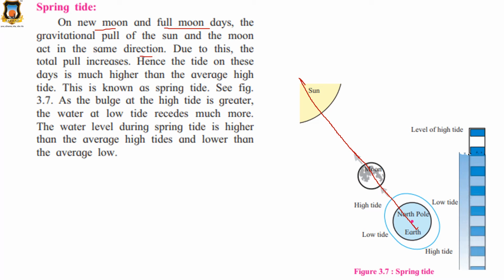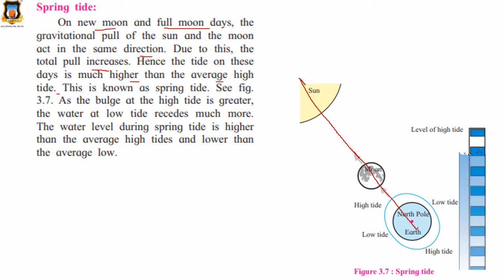Due to this, the total pull increases. Definitely, the sun's gravitational pull and the moon's gravitational pull, so the force is going to be more. Am I right? Yes. So the tide on these days is much higher than the average high tide.